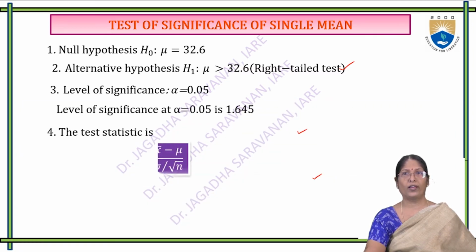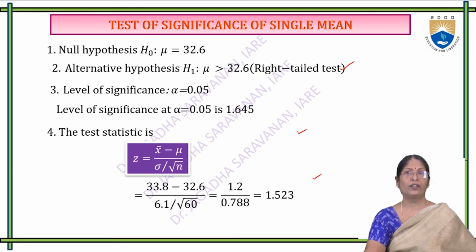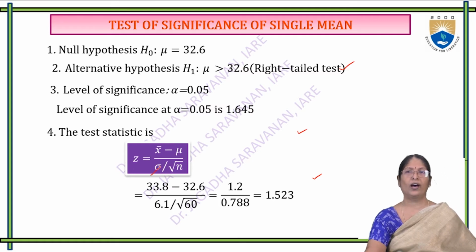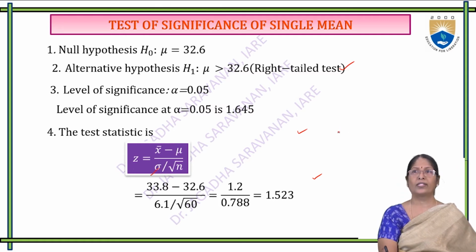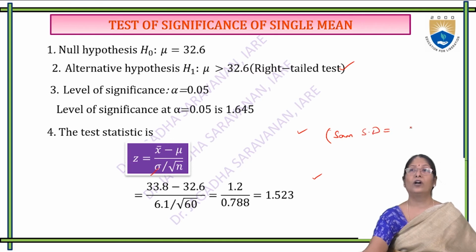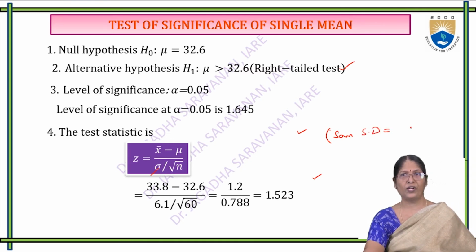The fourth step is the test statistic: x bar minus mu divided by sigma by root n. If you want, we can write S also. Otherwise, the sample standard deviation is taken equal to the population standard deviation, and we can proceed with this problem.